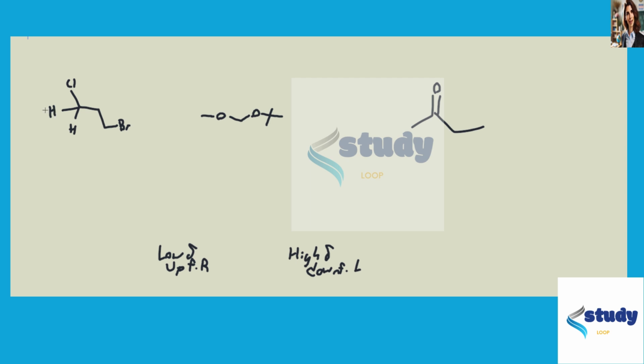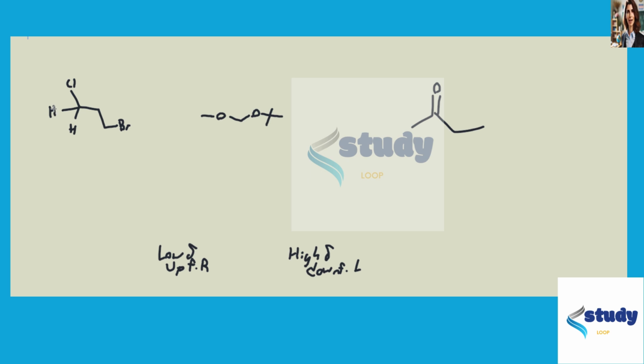Essentially, the force felt by this nucleus from the external magnetic field is going to be less than the value of the external magnetic field that's being applied. So you can say that these electrons decrease the effective magnetic field strength felt by these proton nuclei. This is what we call shielding.